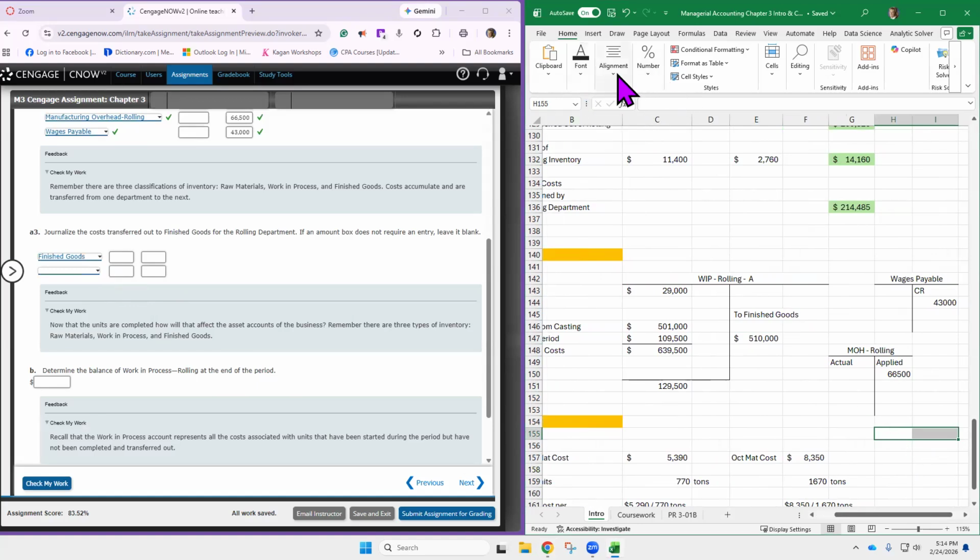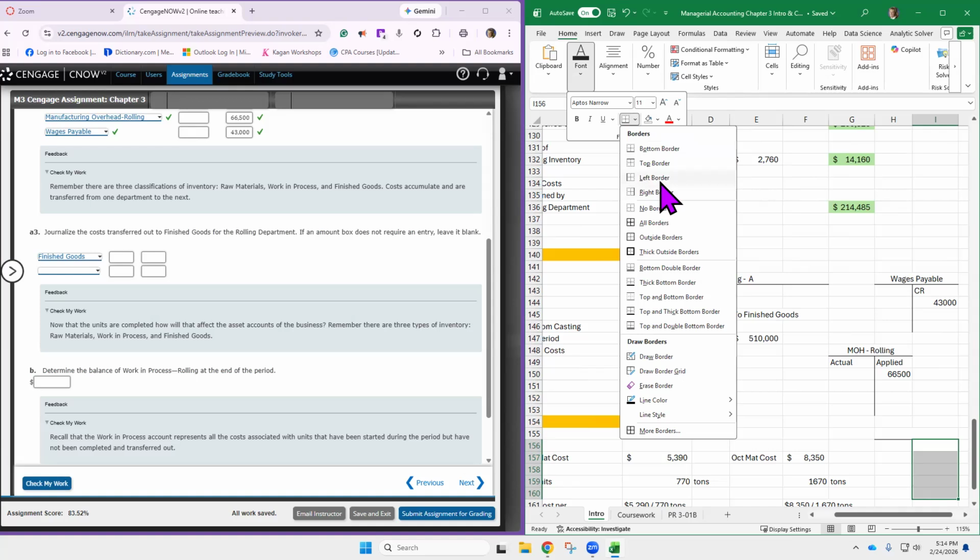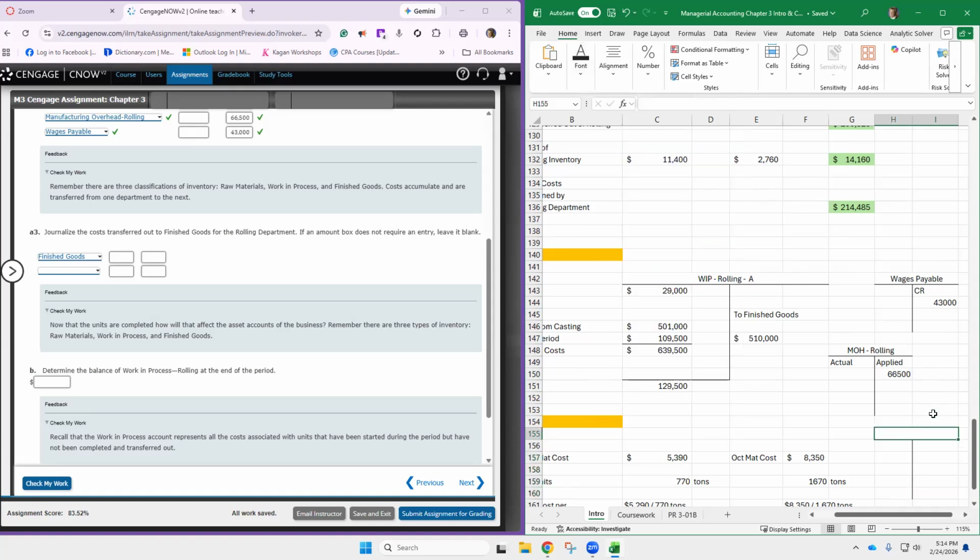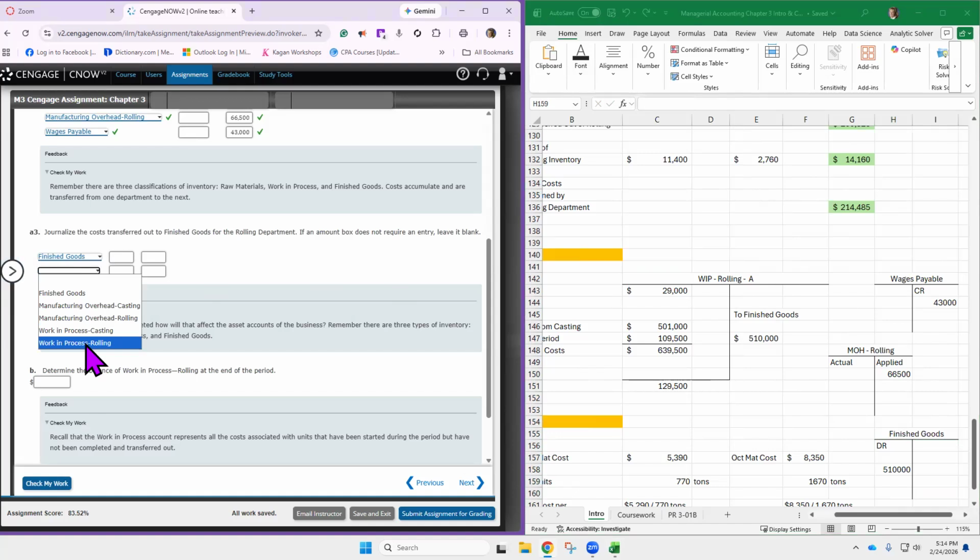Okay, and this is an asset. Okay, and this is finished goods. So we have a debit normal balance. Yep. And it's coming in as it's going out, 510,000. Okay, and then it's coming out of work in process rolling.